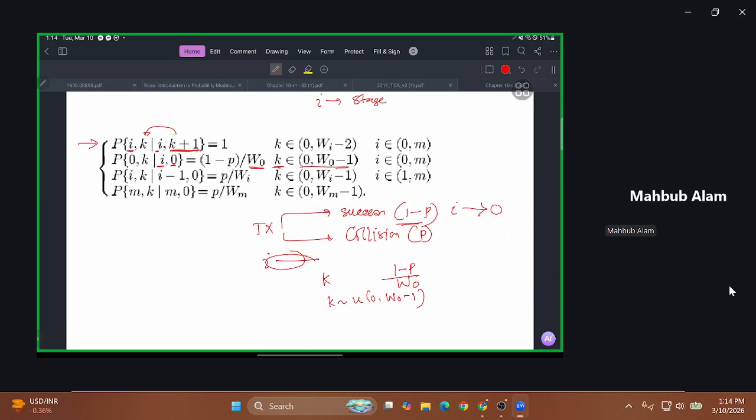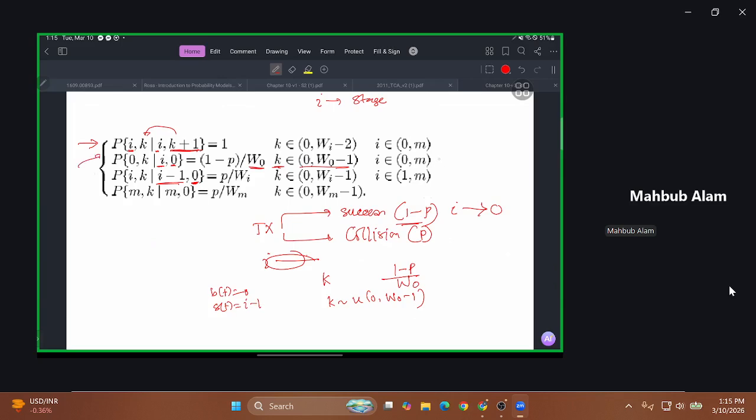On the other hand, when a failure occurs, your current value of BP equal to 0, and now you are in a stage I minus 1. So since a collision will occur, success will occur, then we are in here.